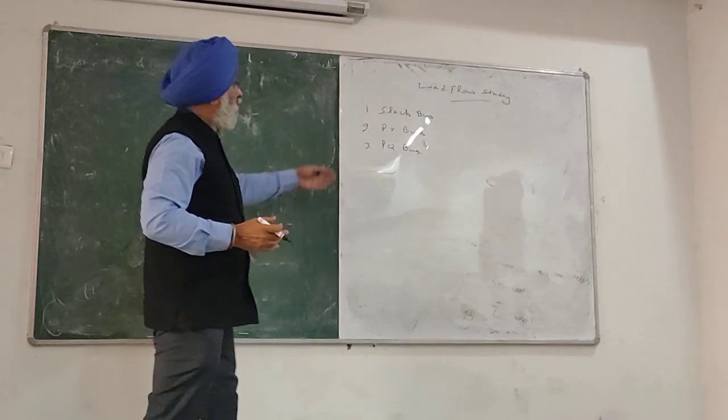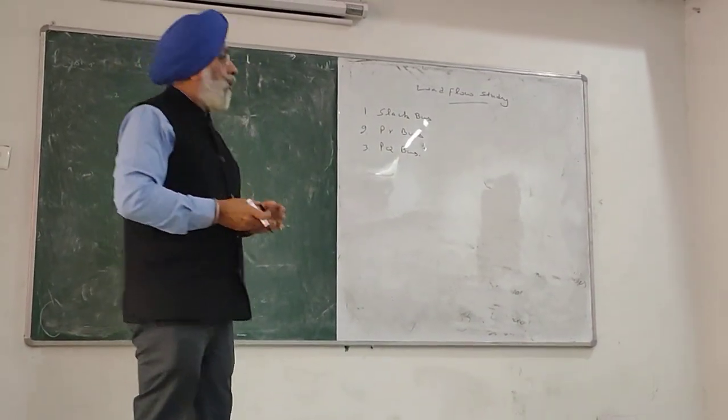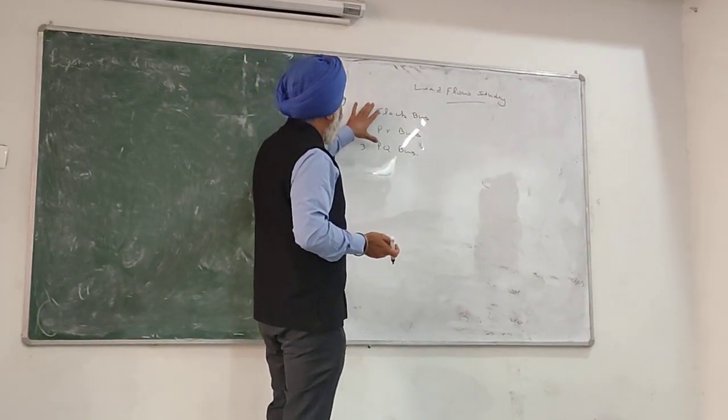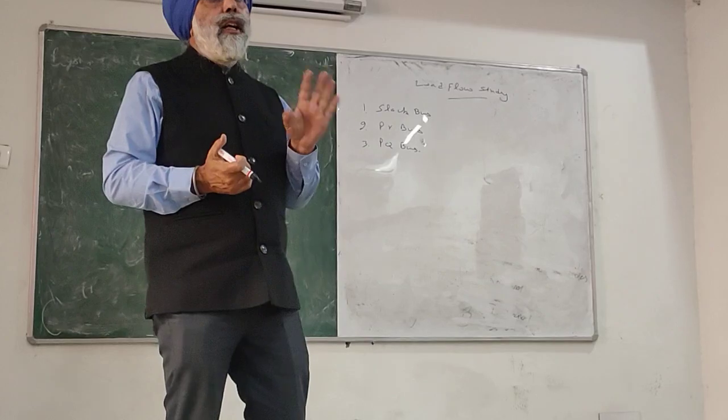So in case of load flow, normally we consider these three types of the buses. The bus name is given specifically by the control we are providing at that bus.